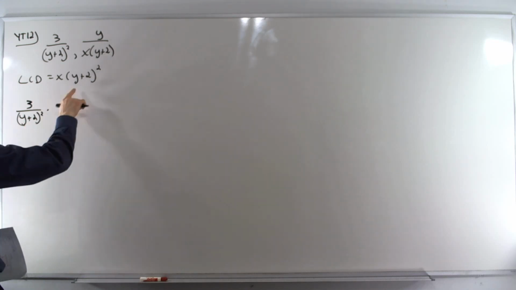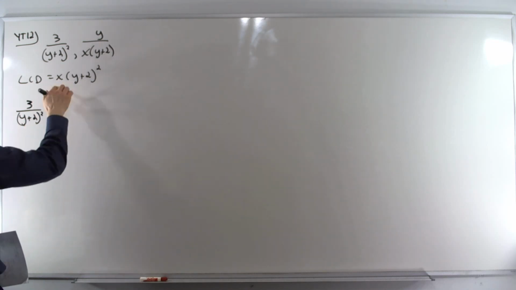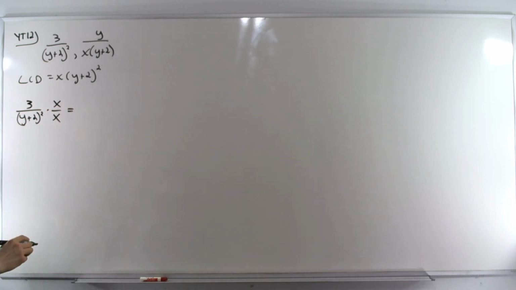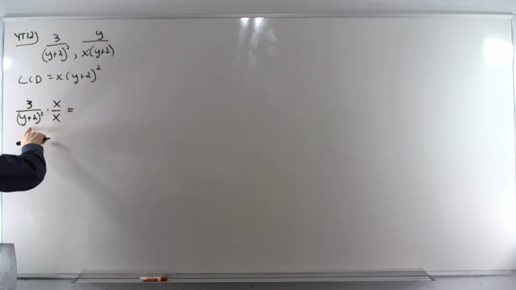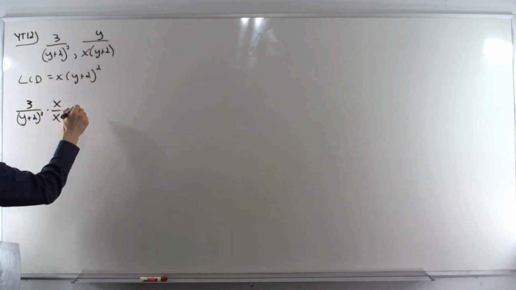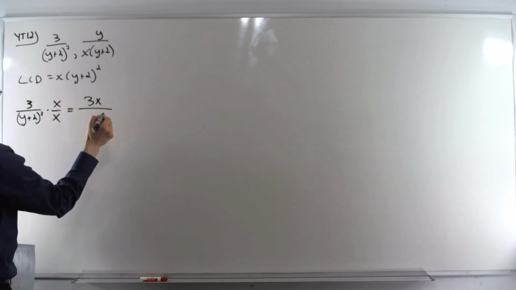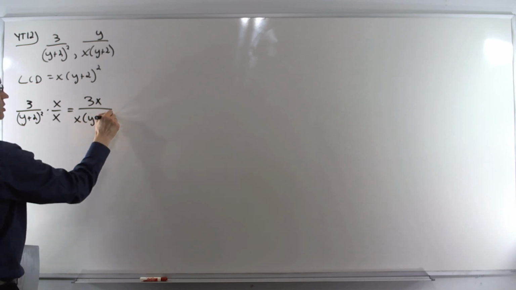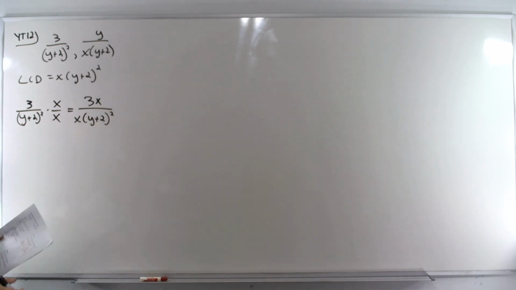We already have the y plus 2 squared, we're missing the x. So we're going to multiply by x over x. It's the same thing you get if you take the LCD and divide by the denominator. These cancel, leaving just the x. So we get 3x on top and x times y plus 2 squared in the denominator.